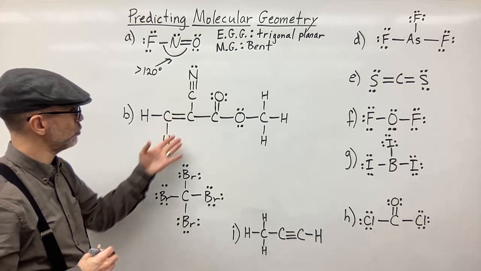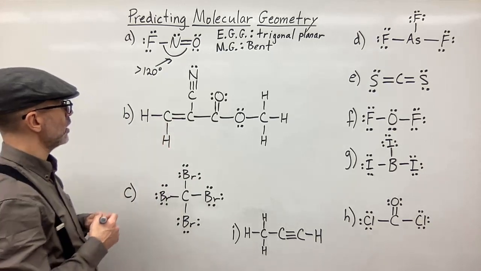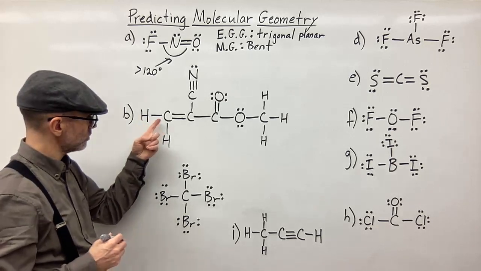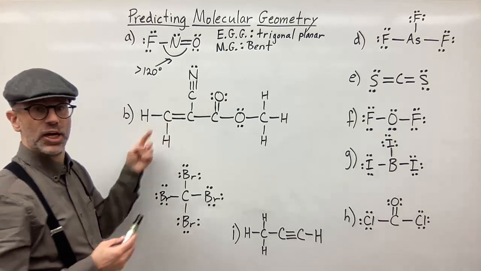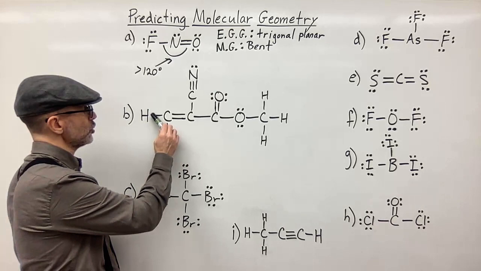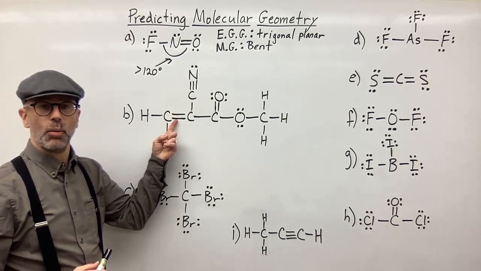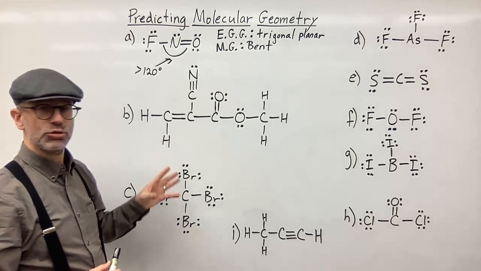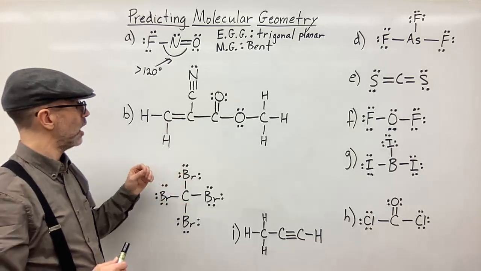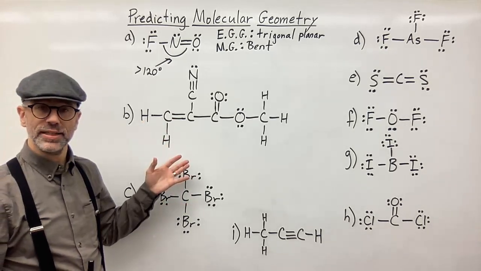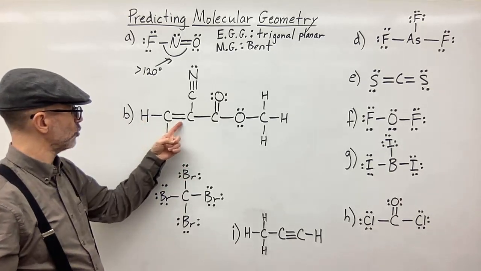So we're going to do each one at a time. Here, this carbon has 1, 2, 3 groups around it. Remember, the double bond is one group. Double, triple, and single bonds are treated the same, so each is one group.